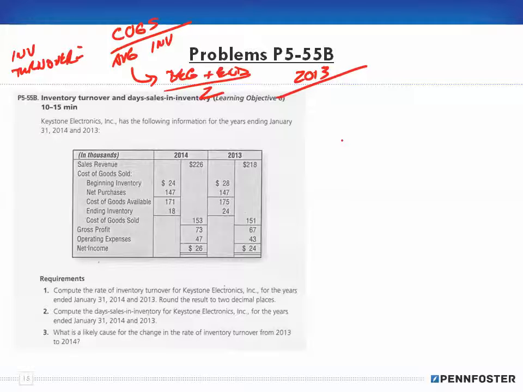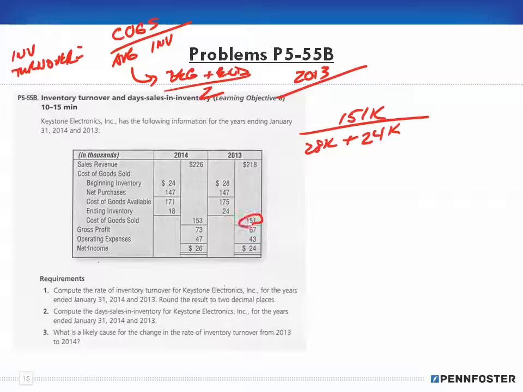Okay, so for 2013, we have to look at our beginning inventory. Our cost of goods sold is 151,000. And our average inventory is the beginning inventory of 28,000 plus the ending inventory of 24,000.